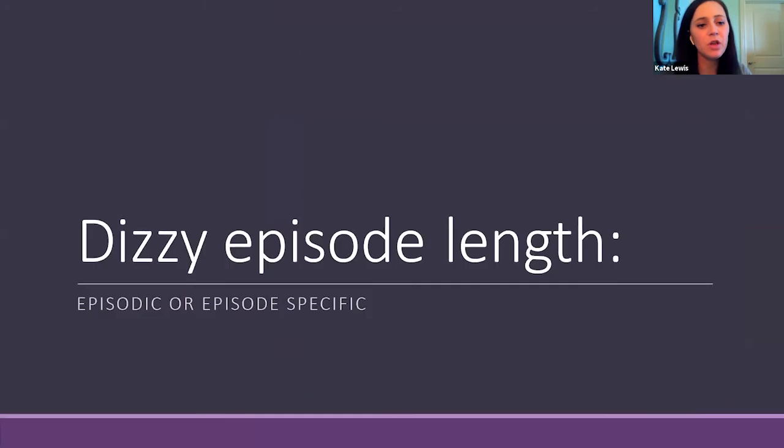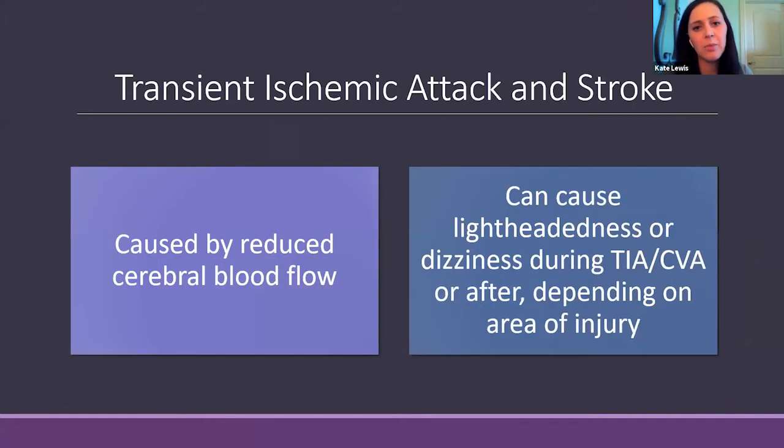neuritis would. Okay, so now let's talk about a dizzy episode that is episodic or episode specific. And that would be something like a TIA or a stroke. It's caused by reduced cerebral blood flow, and it can cause lightheadedness or dizziness during the TIA or stroke, or after, depending on the area that was affected.